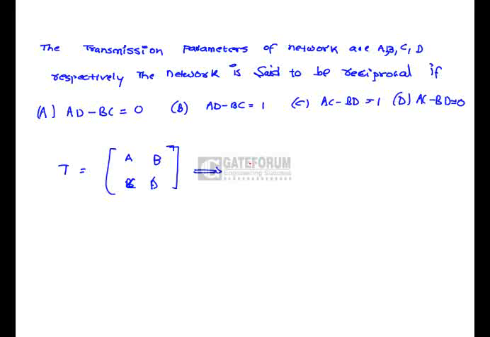From this, the reciprocal condition is AD minus BC equals 1, whereas the symmetric condition is A equals D. This is for reciprocal, and this is for symmetrical. That is, option B is correct.